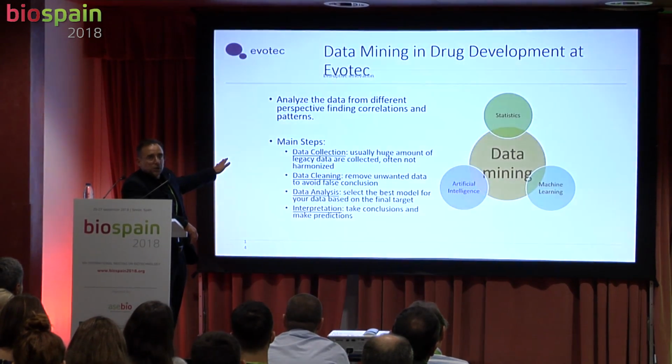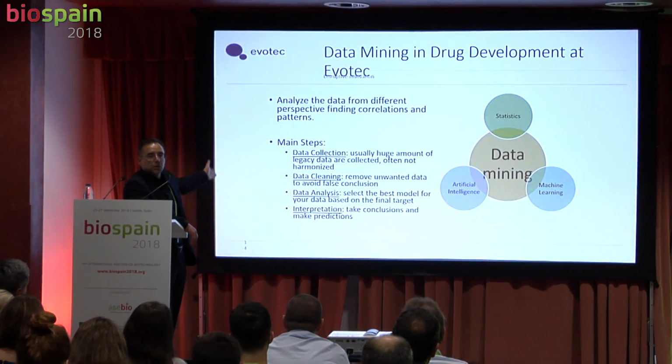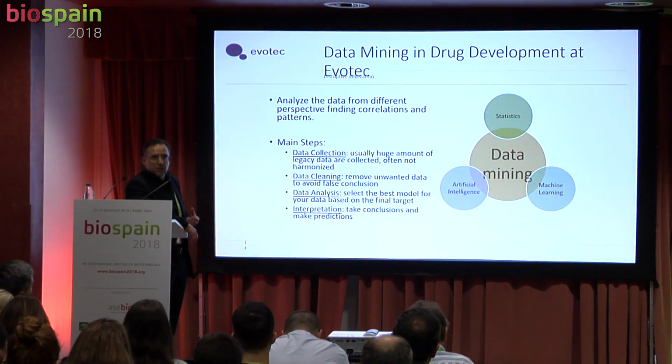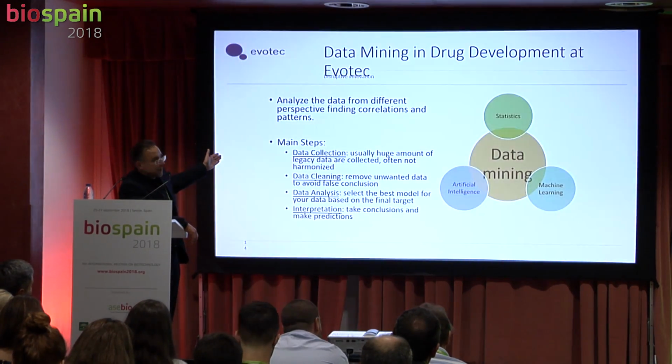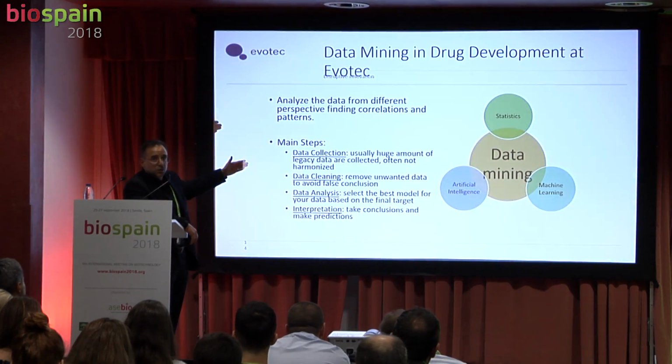Again, data collection is critical. So we saw for drug discovery, to start the iterative process, you need to enter a lot of data. You need the human to do that. The same here for the data mining process that we have. We enter the data. It's a tedious process, but once it's done, it works automatically.